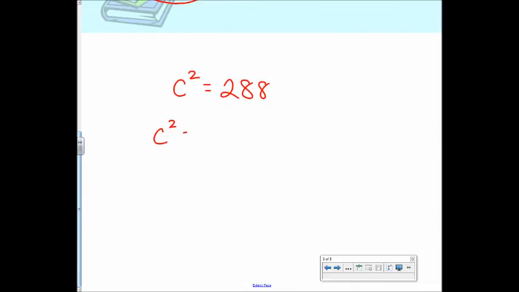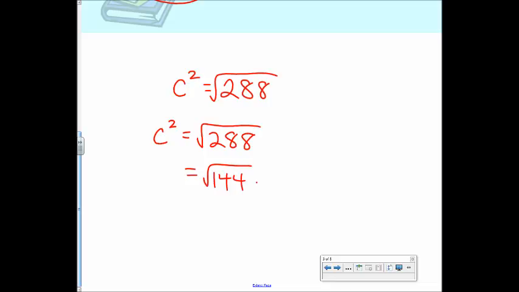Square root of 288 is the same as square root of 144 times square root of 2. And what's the square root of 144? 12. So that's why that's the simplified radical. All right? Because it breaks down into 144 times 2, and the square root of 144 is 12. Okay, so that's where that came from.